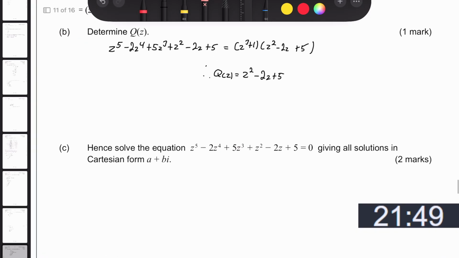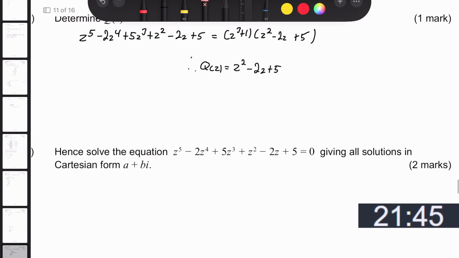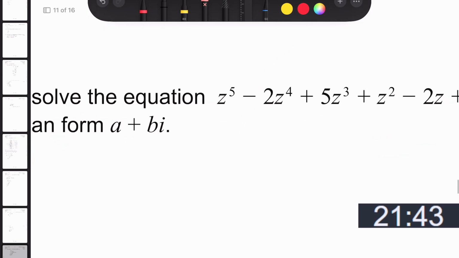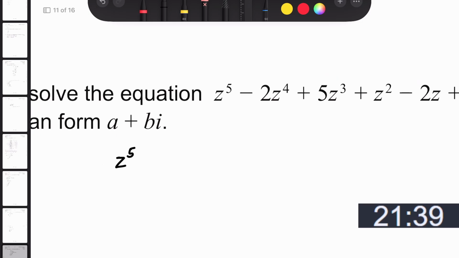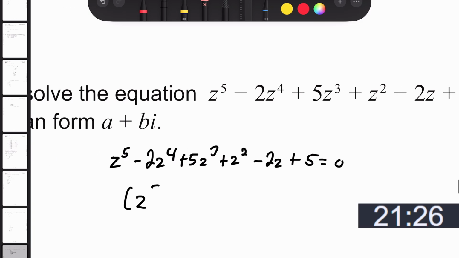Hence solve the equation, giving all solutions in Cartesian form of a plus bi. So then 5z^3 plus z squared minus 2z plus 5 equals 0. Then I know this is the same as (z^3 plus 1)(z squared minus 2z plus 5) equals 0.